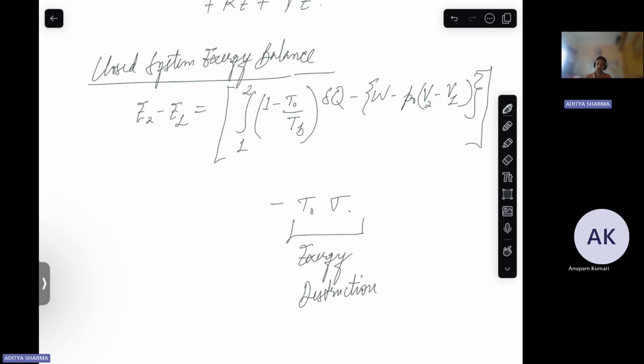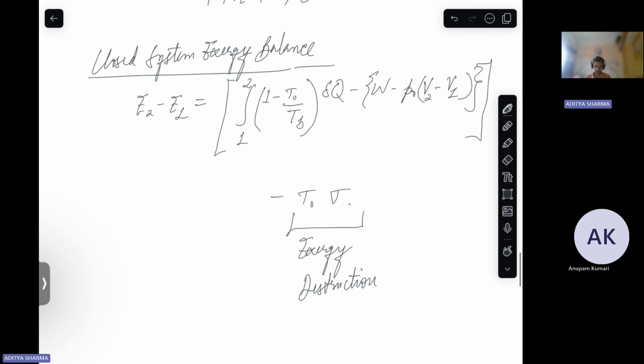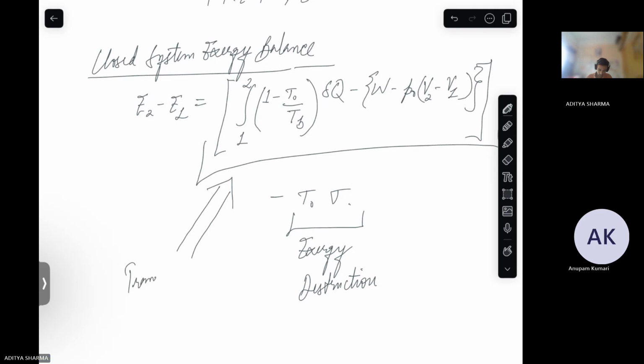And how do we mathematically include it in the balance? This is your T naught times sigma, where sigma is your entropy production. So this is your exergy destruction, and this is your transfer of exergy.